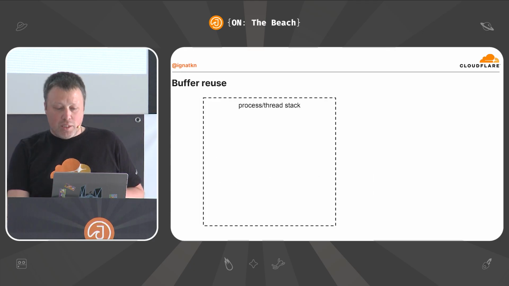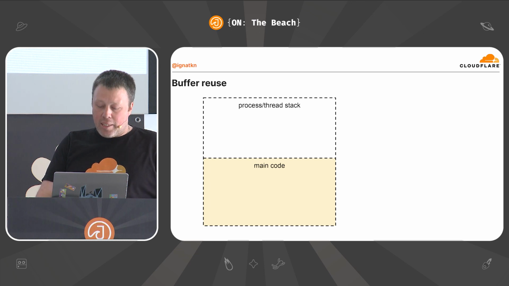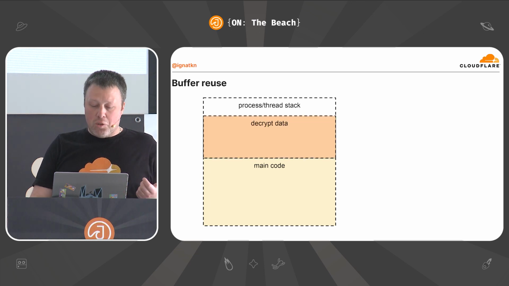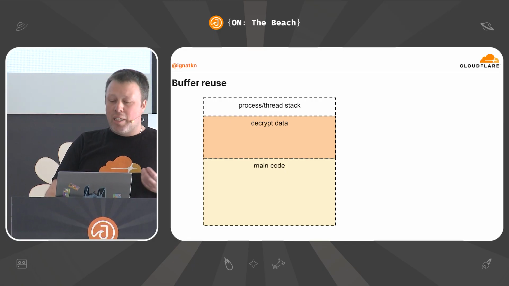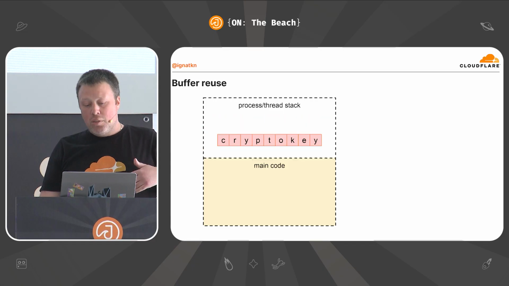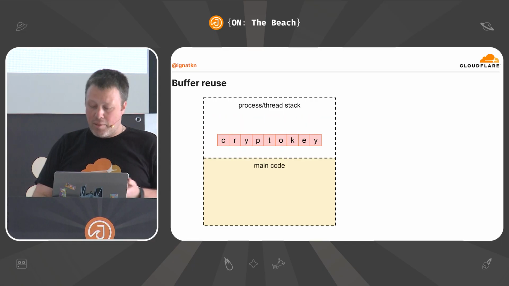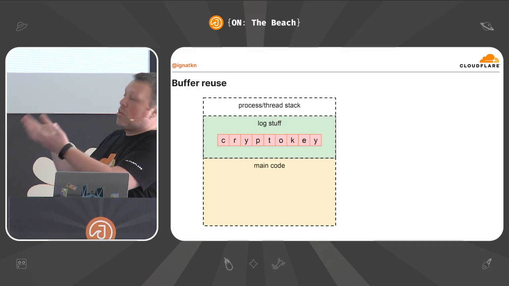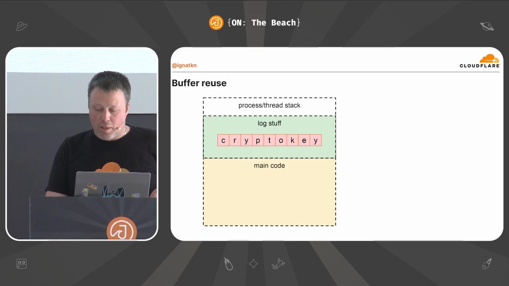What happens here in your stack is that you have the main code, which calls the decrypt data function or encrypt function. That function gets a key from somewhere and puts it on the stack, but when that function returns, it doesn't clean up after itself, so the data is still there, and the next function can inadvertently access that cryptographic key.